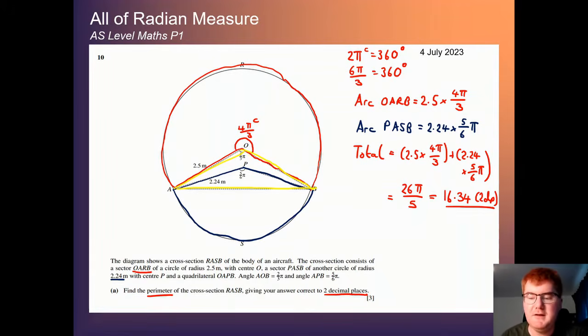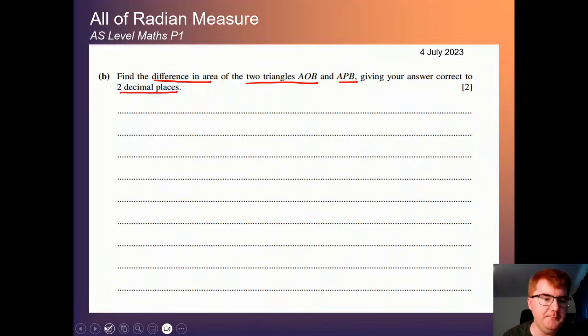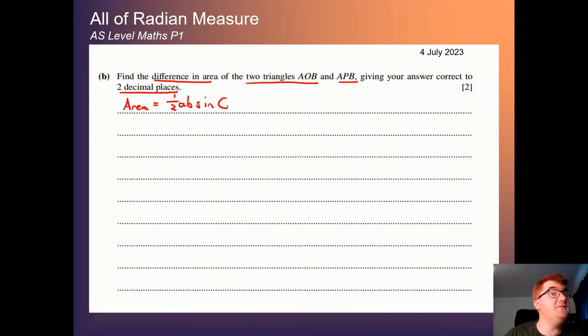Now remember the formula to work out the area of a triangle. So quick reminder here: the area of a triangle is equal to half ab sine C. Now you can still use this formula, just make sure again your calculator is in radians. So we're going to work out AOB and APB and the area of both of those.